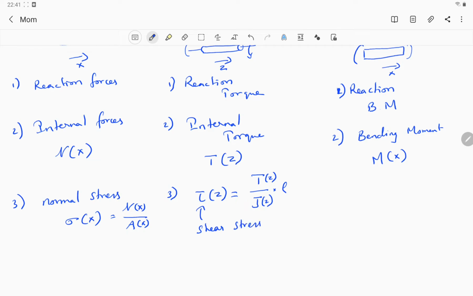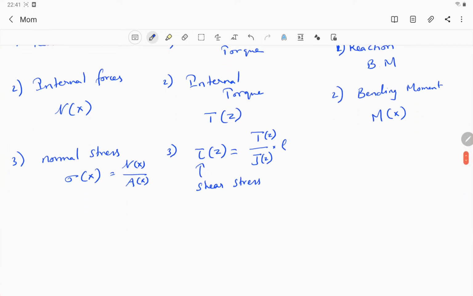And here once again this is normal stress, but the relation between normal stress and the bending moment is as follows. So sigma is equal to M by I into y.